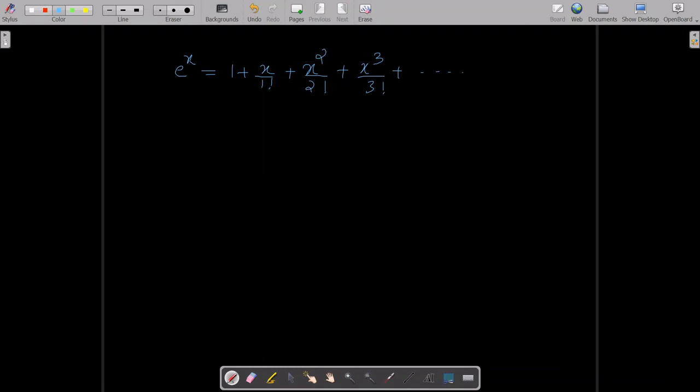That means this exponential function is expressed as a sum of an infinite number of polynomial terms.